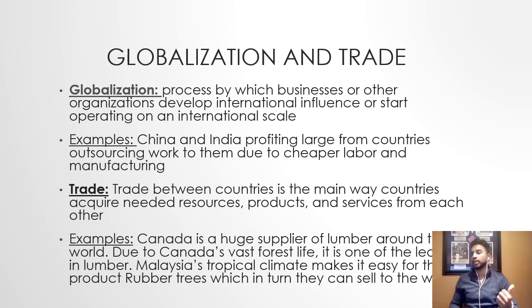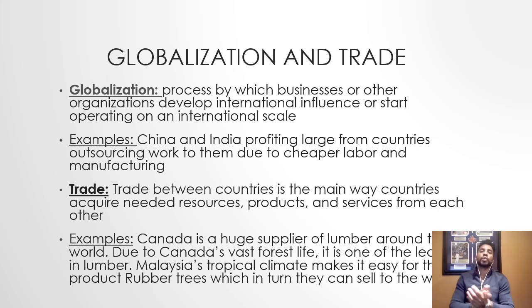Now in Canada, up here in the north, it's so cold we can't manufacture rubber. The rubber trees need to be living in a certain climate. But what we do have in Canada is a lot of forest. So our lumber is huge. Canada is one of the leading exporters of lumber, right?